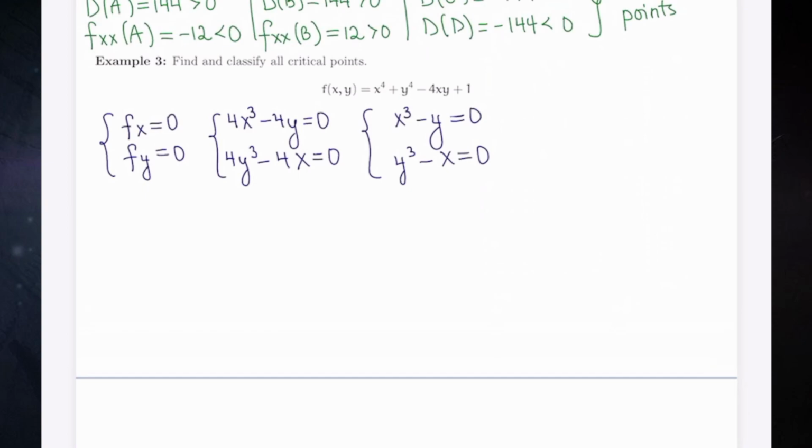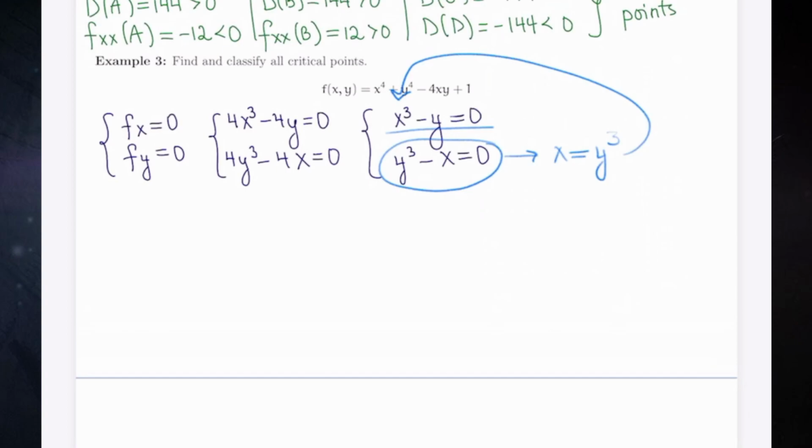So what I recommend you do, if it's possible, write one of the variables in terms of the other and then substitute into the second equation. So from the second equation, I'm going to say my fundamental relationship will be that x is equal to y cubed. Okay. And then I'm going to plug it in over here into the first equation.